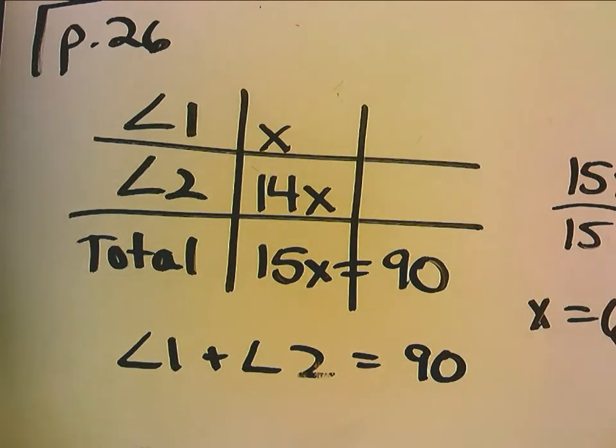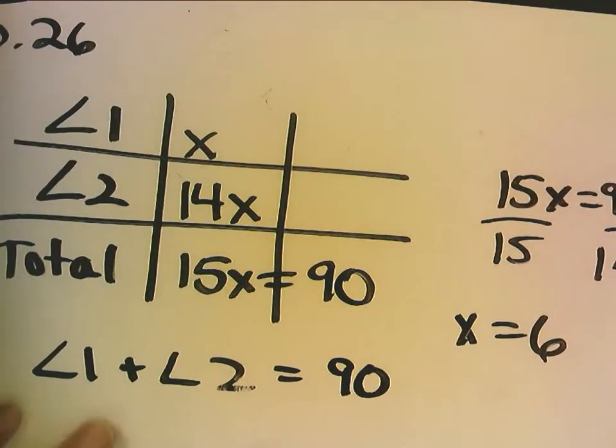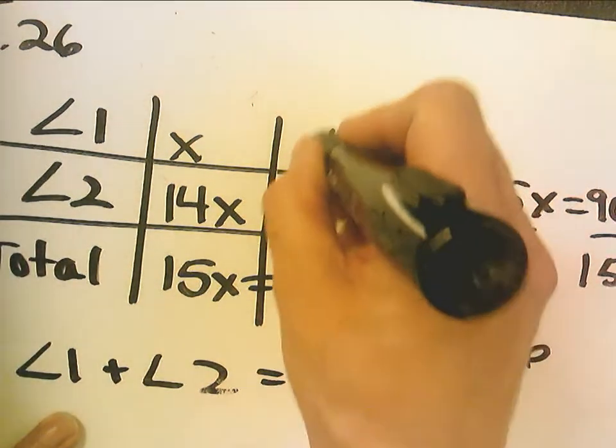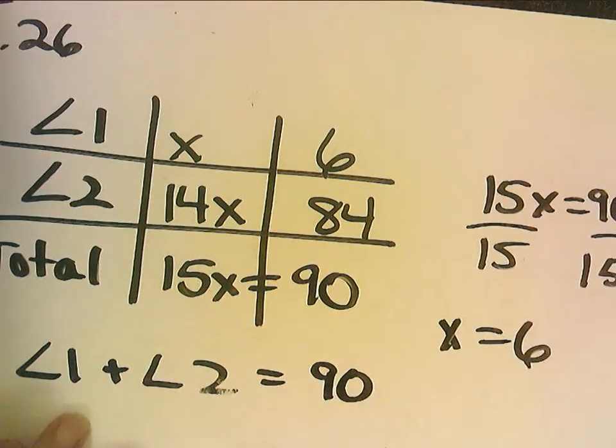So if x equals 6, then we know this is 6, and 6 times 14 is 84. So the key to this is to define angle 1, angle 2, and then set them equal to 90.